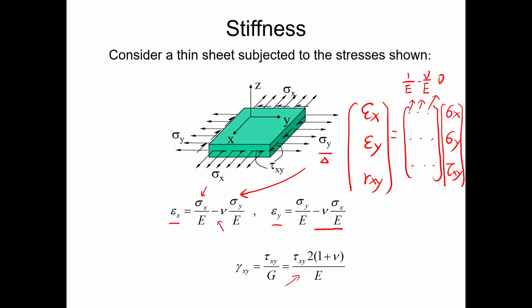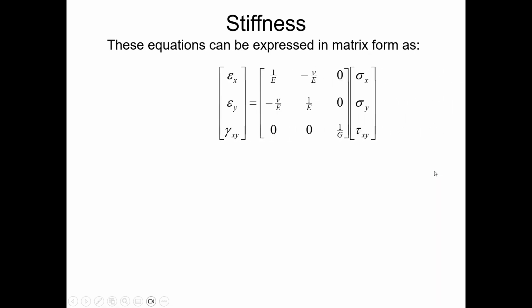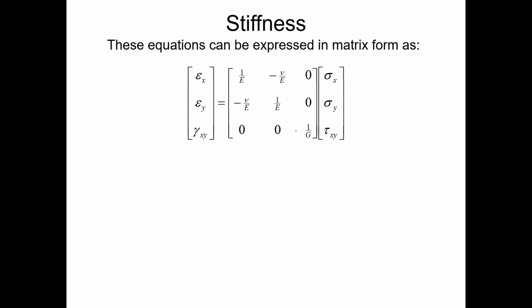You can expand this equation. You will see epsilon x will equal to the first term times the sigma x, and then the second term times the sigma y, and the third term times tau xy, which essentially is the same equation here. Now we're just writing all of them in the matrix form, and this is the final answer here.